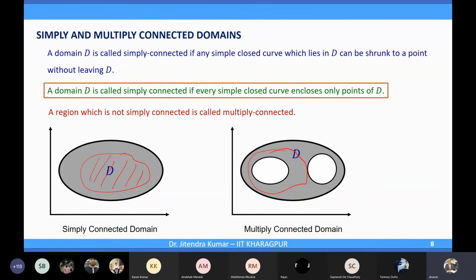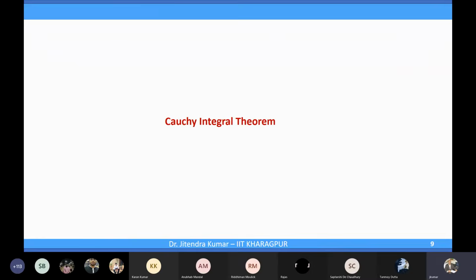But if you make a simple closed curve in this D, then it is not enclosing only points of D, but also this region, which is not part of D, is being enclosed by this curve. So it is a multiply connected domain. This is a simply connected domain.